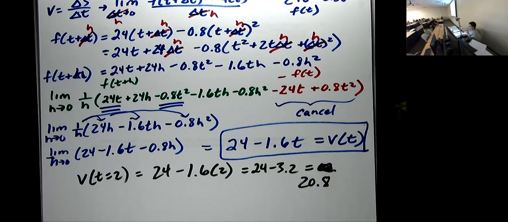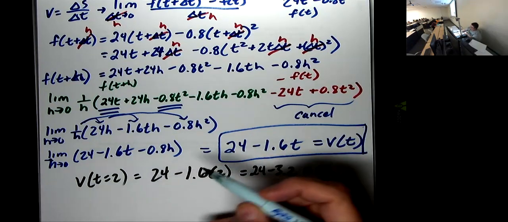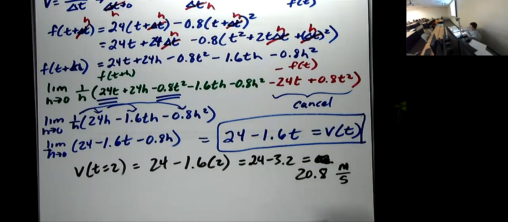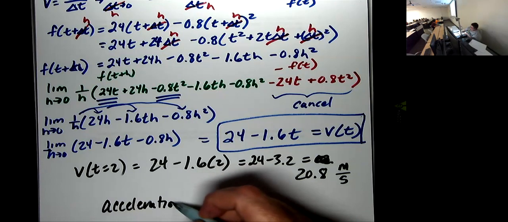What are the units here? Meters per second. The initial velocity was in meters per second, so they kind of gave it away. So that's our velocity at t equals 2. We didn't do acceleration. The units on acceleration are meters per second squared.